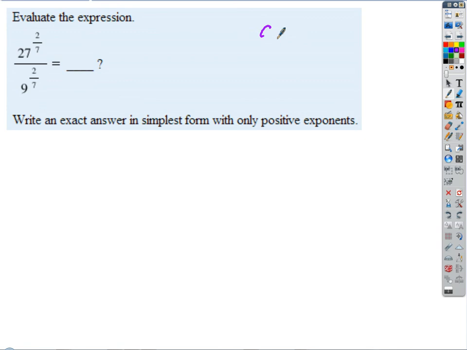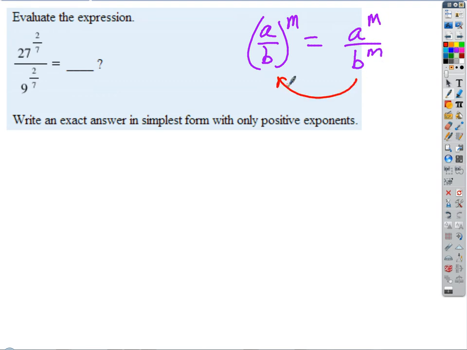Remember this rule. If I have A over B to the M, what's that equivalent to? What can I do with the exponent there? I can distribute it, can't I? So I could distribute the M to both the top and the bottom, but I can also go back that direction. If I started here, I could go there, right?